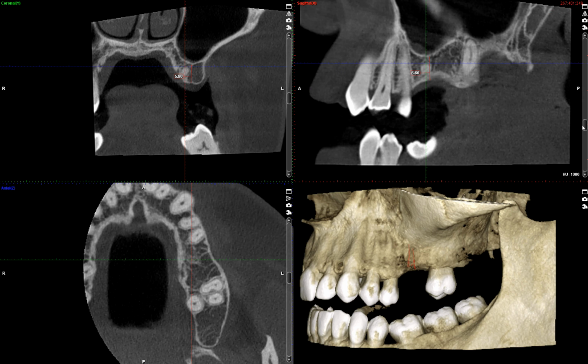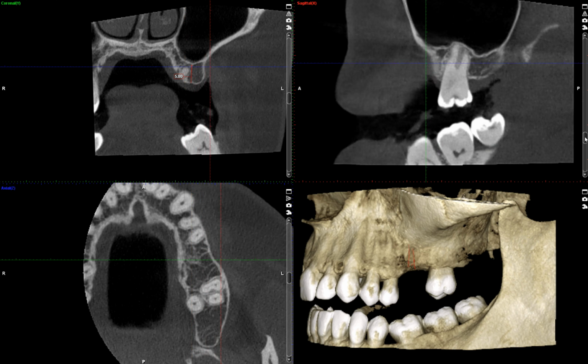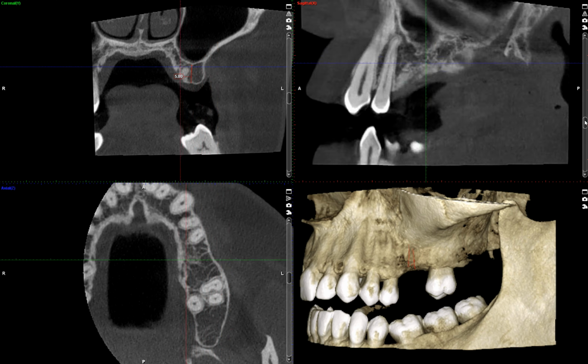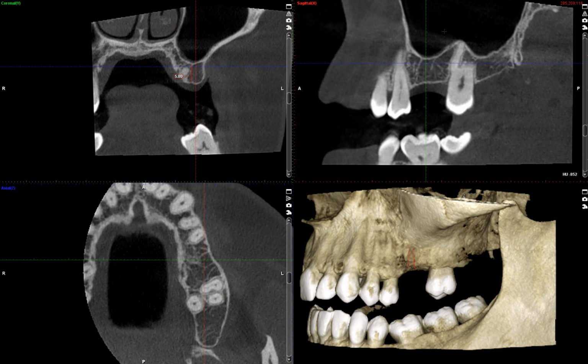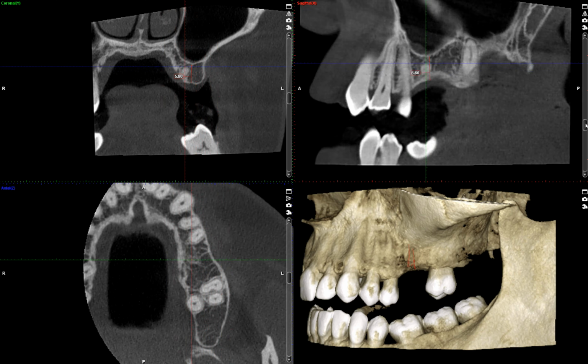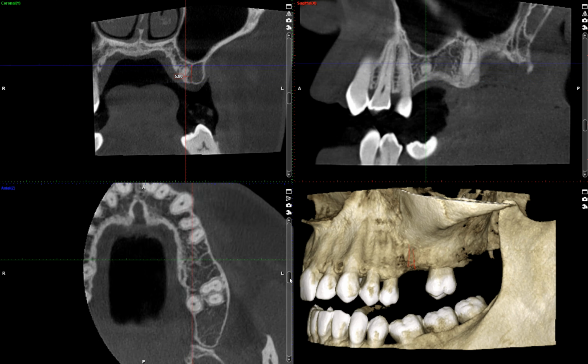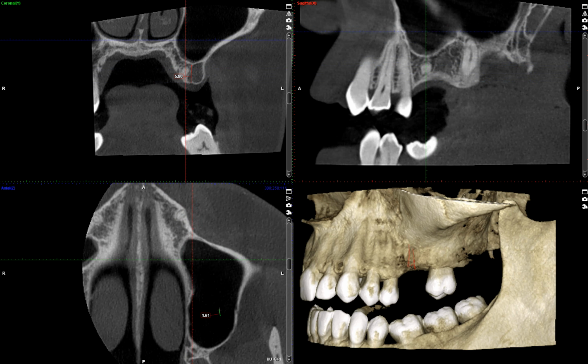Another thing is you are responsible for evaluating the rest of the scan. You can have sinus pathology, you can have pathologies in the pterygopalatine fossa, right here. Oh, let me get out of that measurement tool.